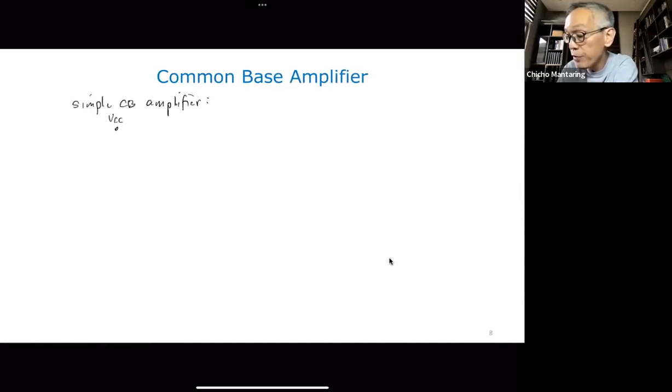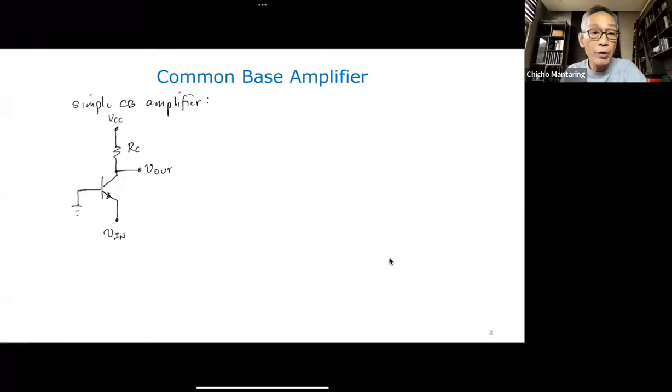Okay, so let's say this is VCC, RC. So my base is my common terminal. I apply my input to the emitter, so this is V in. And I get my output at the collector. That is V out.